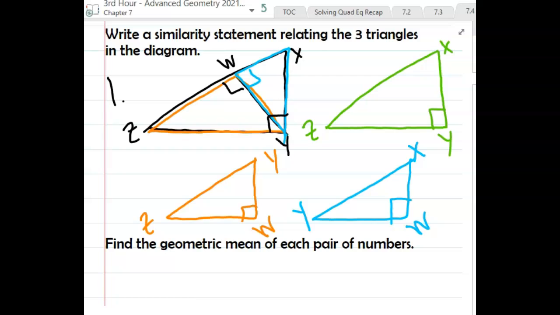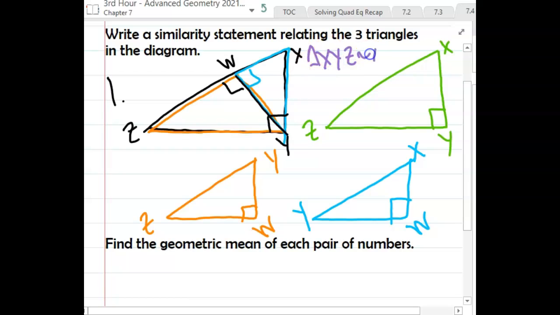Since I already wrote them all corresponding, nice and picture perfect, we just have to name all the triangles the same way. So if we start with triangle XYZ, I'm going to go from the top down and to the left.